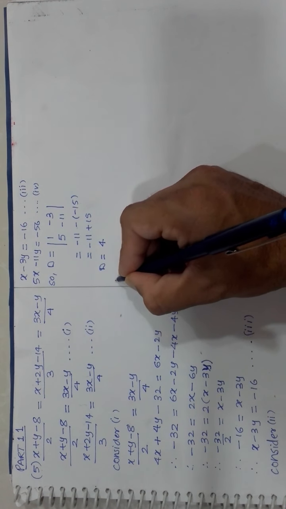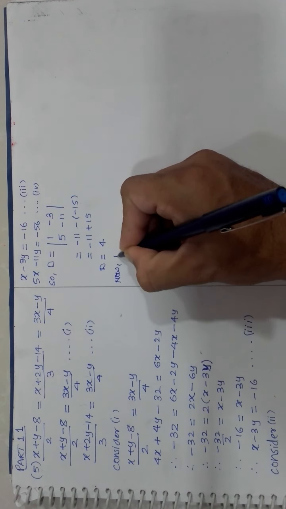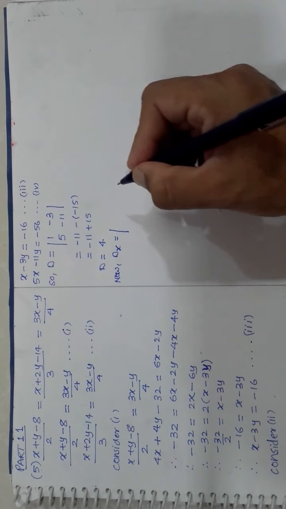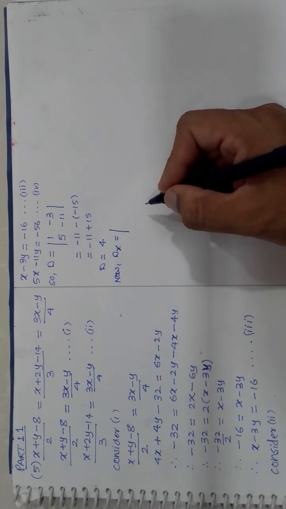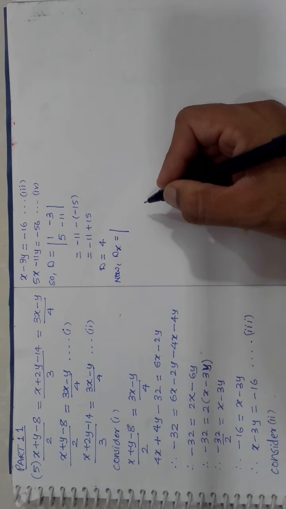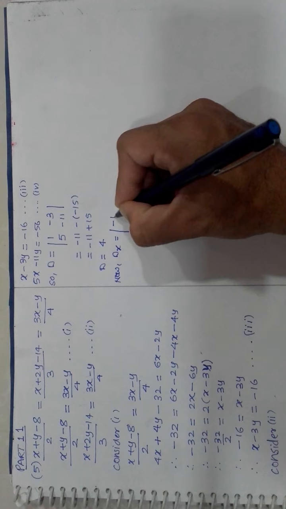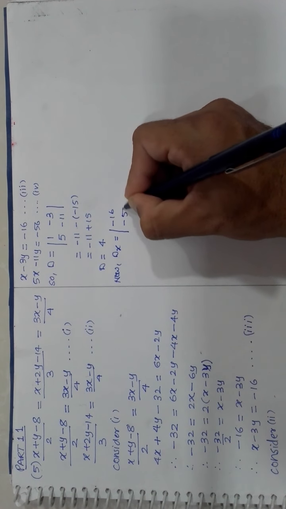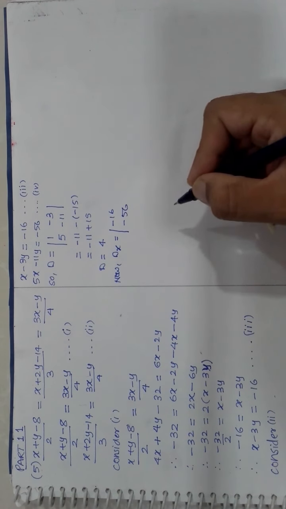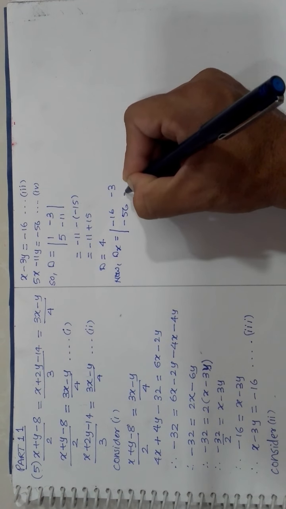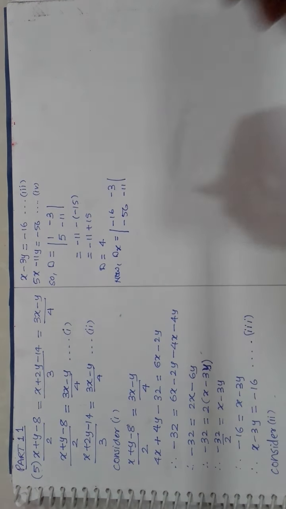Now you have to find dx. When you are finding dx, the x coefficient vanishes from D and is replaced by minus 16 and minus 56, whereas the coefficient of y remains as it is, minus 3 and minus 11.